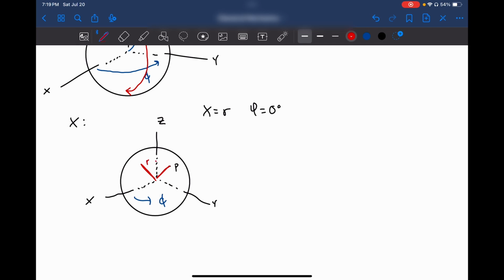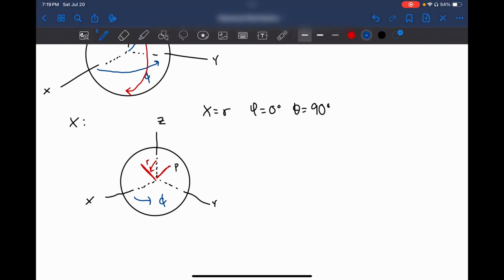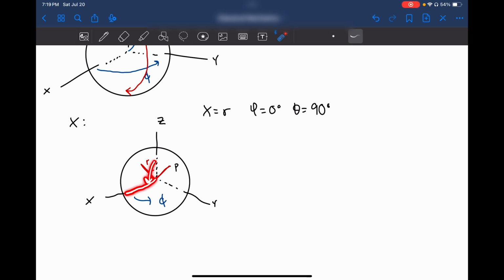And then if theta goes down like this, we force theta to be 90 degrees. So we take our r, we force it to go this way by making phi 0 degrees, and then we force it to go down, laying down like this. So phi becomes 0 degrees, theta becomes 90 degrees, and then r lies along this x right here.